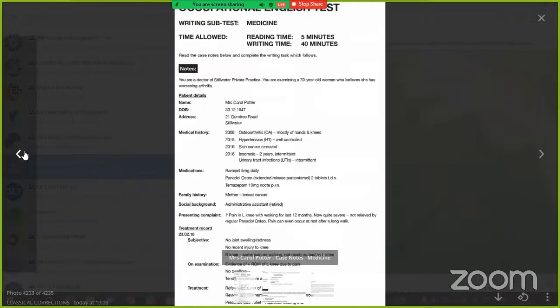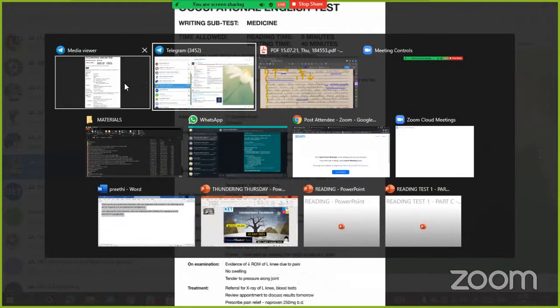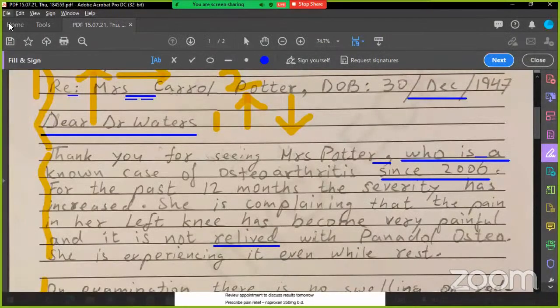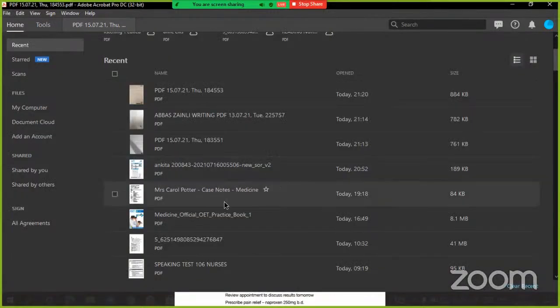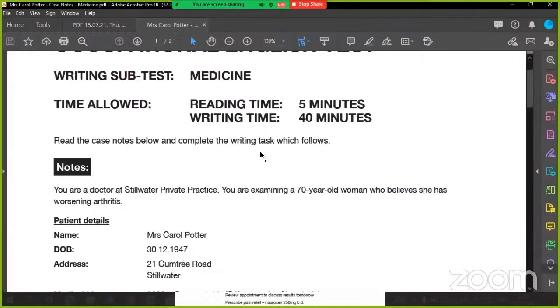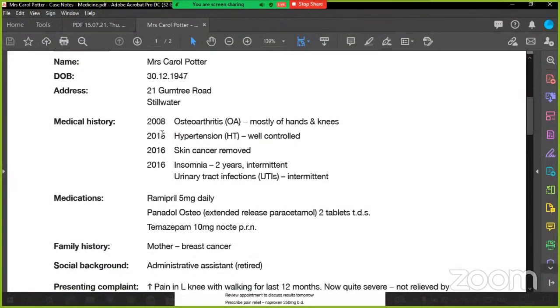Osteoarthritis has been there for long, but the present complaint. Okay, I'll show you. So osteoarthritis 2018.